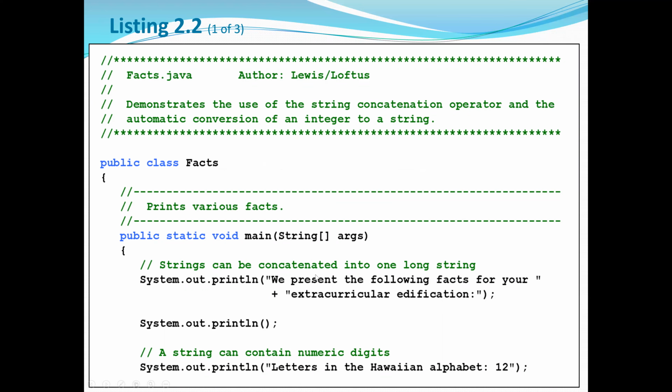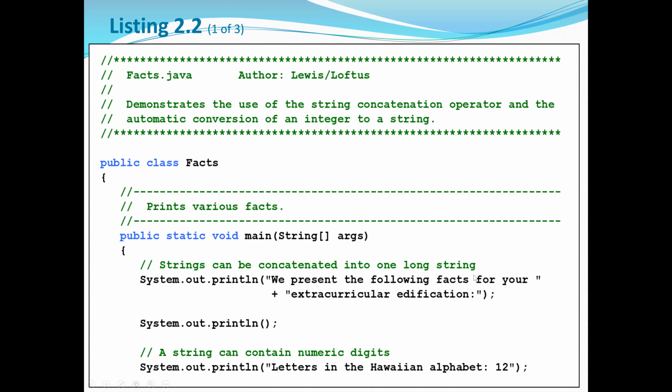Here we say strings can be joined into one long string. So let's see the System.out.println. We have a string, we open double quotes: "We present the following facts for you", we end it, plus. Again, here we can see that on the left and the right side of the plus, both are strings, so it's going to join the 2 strings together.